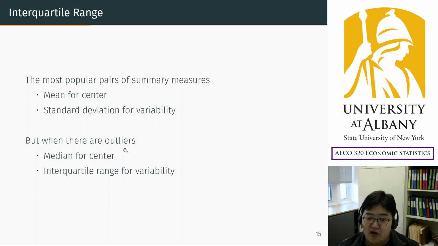But when there are outliers, we usually use the median and the interquartile range. So usually they go as a pair. Because we are using them because of outliers, we have to take outliers into account for both measures. So we learned these special measures first.